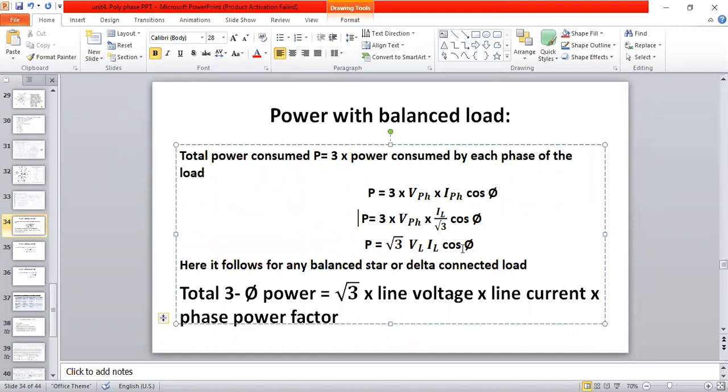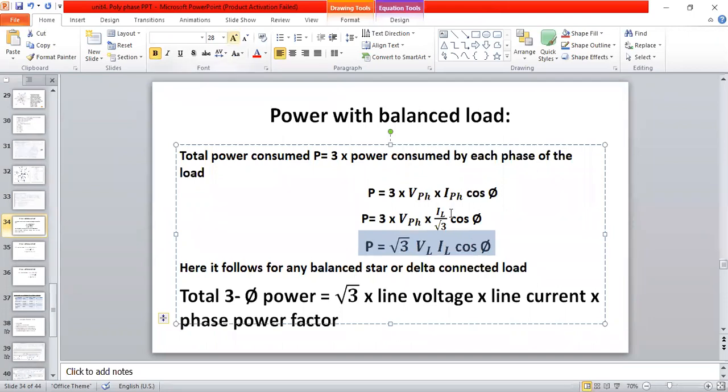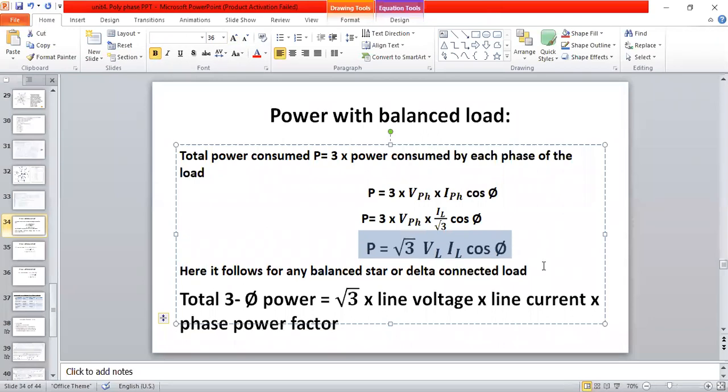If it is a star connection, IPH equals IL and VPH equals VL by root 3. So it doesn't matter whether it is star connected or delta connected; the final equation we get for power is P equals root 3 VL IL cos phi.